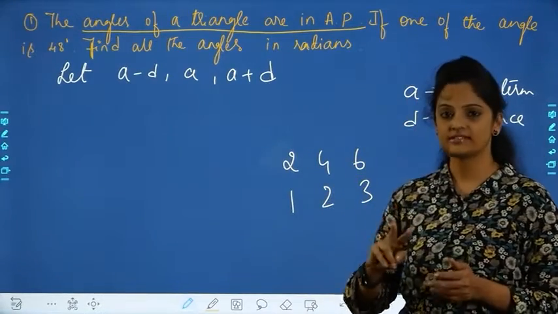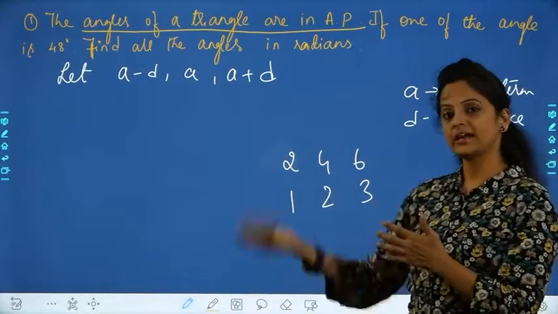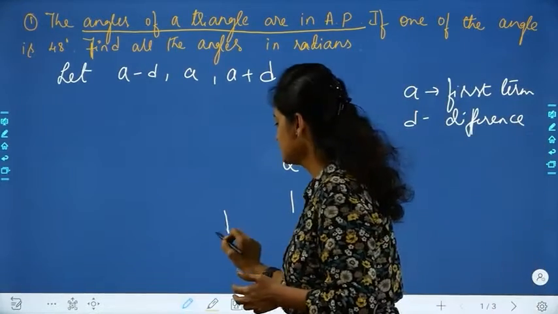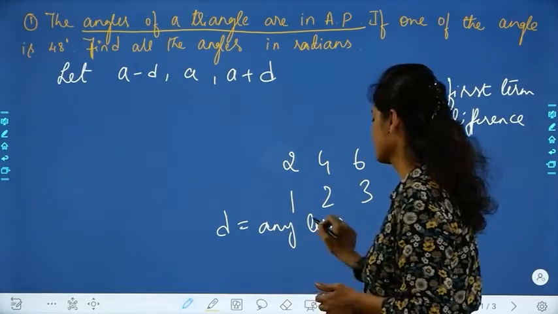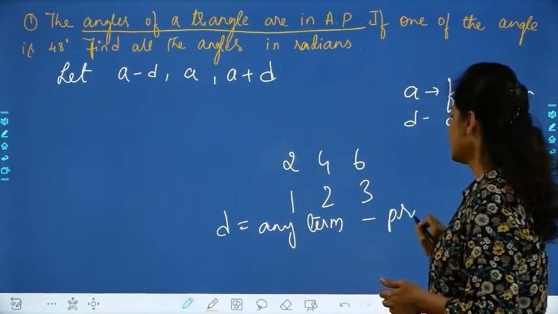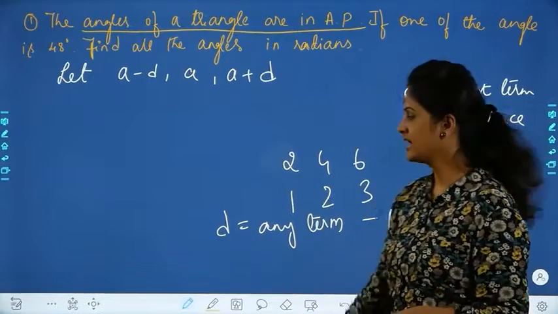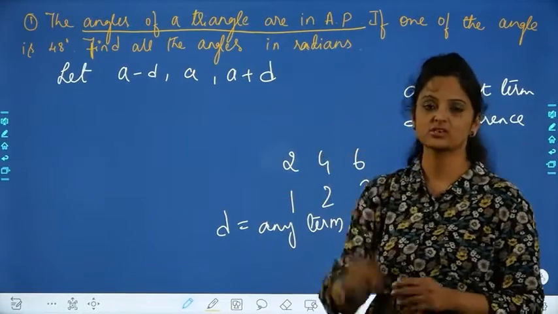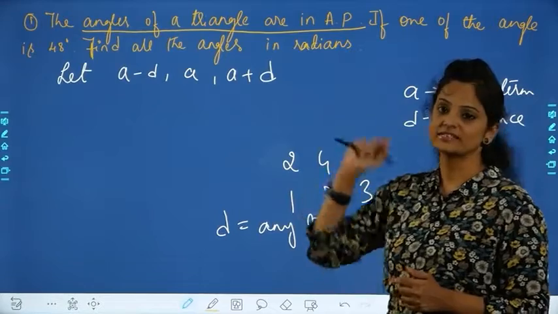The difference has to be the same if you take any term minus the previous term. That is D. That has to be common throughout the sequence. Then it is taken as an arithmetic progression. This is just a quick revision for those students to whom this is new.